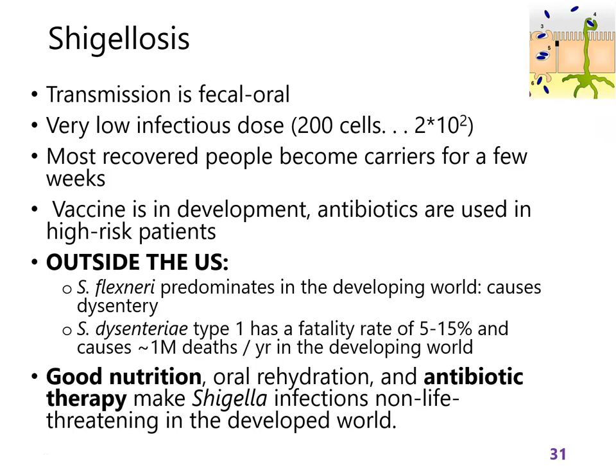Outside the U.S., it is very dangerous because it can spread in much bigger outbreaks and cause dysentery, especially in children. If someone gets an infection like this, the primary risk is dehydration from all the diarrhea that happens. So rehydration is the most important thing, followed by nutrition.